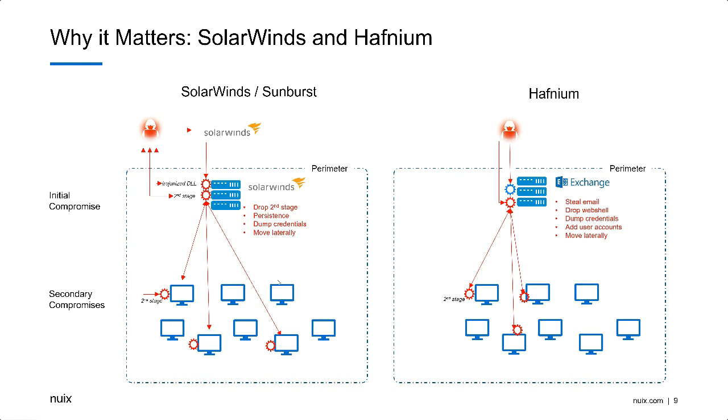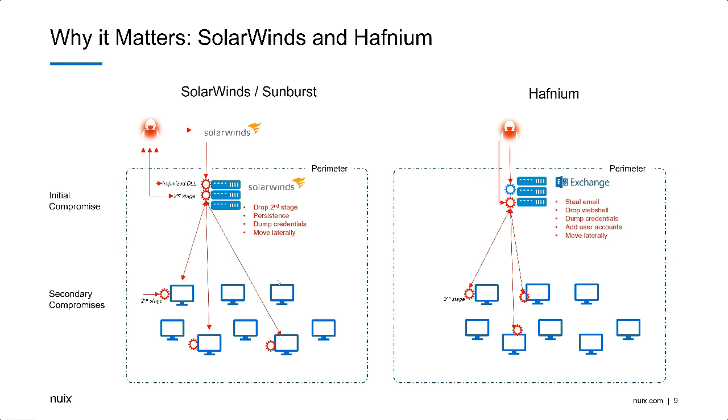So in both of these, I think you could argue that if you had done MITRE ATT&CK detection effectively, you would have seen not the arrival of the attacker at the SolarWinds and Exchange boxes, but the stuff that they did once they got there. It's a little bit like the castle analogy, which is often used in security, right?